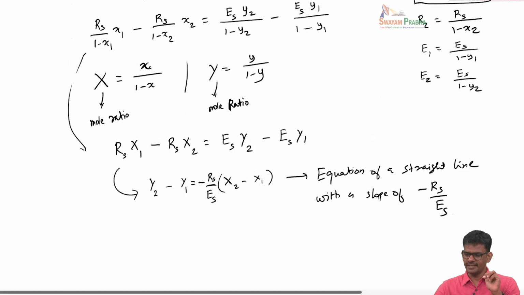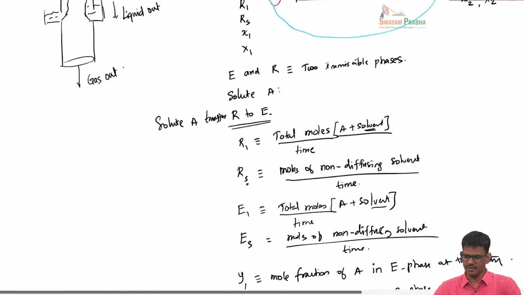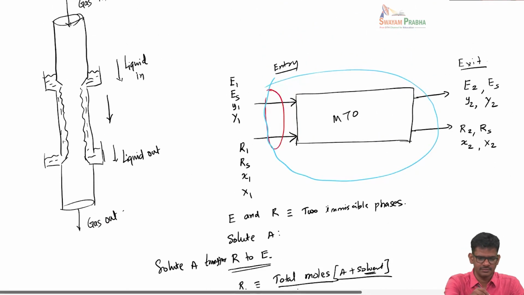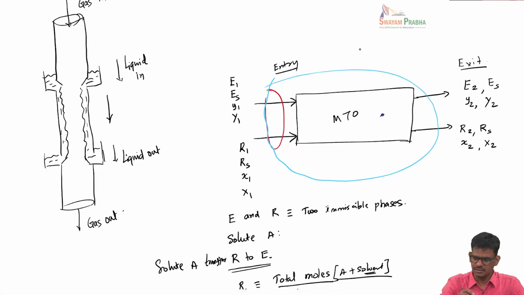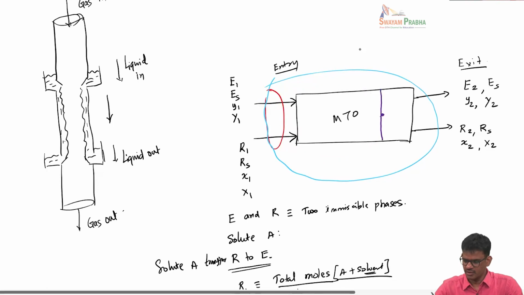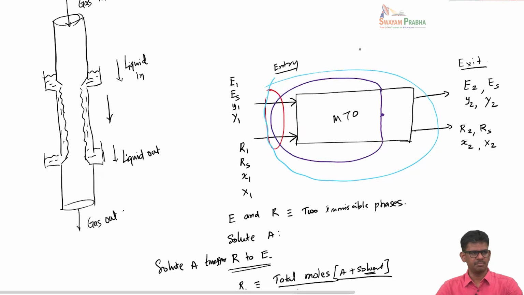Okay, so instead of the exit point, if I take a particular point somewhere here, let's say I do the mass balance only in this envelope, at one particular location. Okay, let's look at this purple envelope. If I do the mass balance at this particular envelope, it will be exactly the same, except that instead of y2 x2 I should be using the values of y and x here.